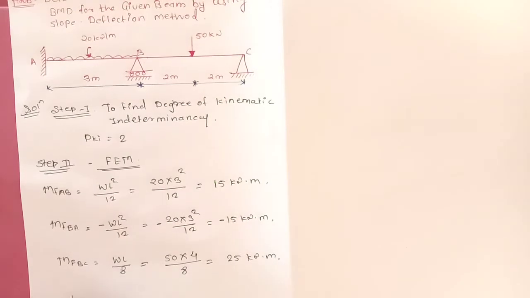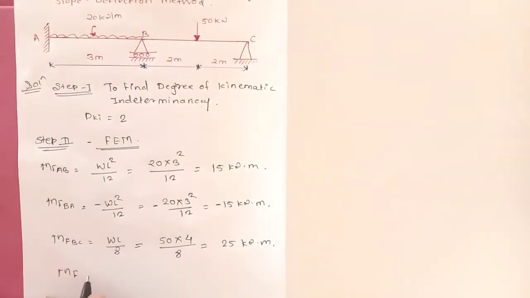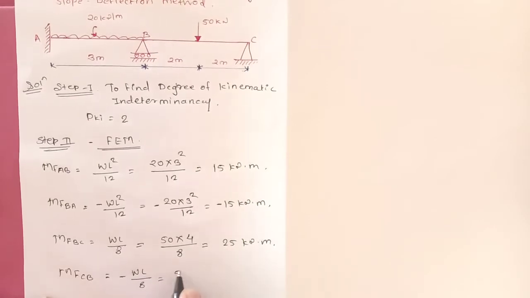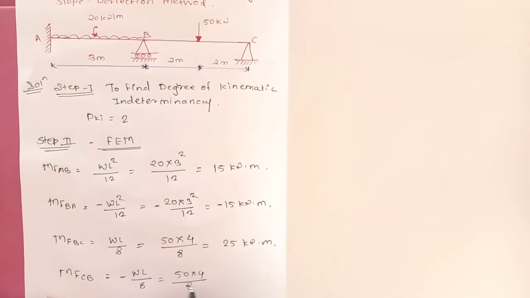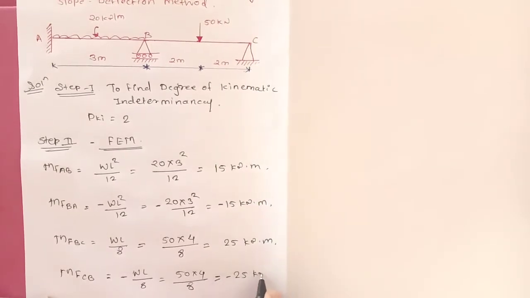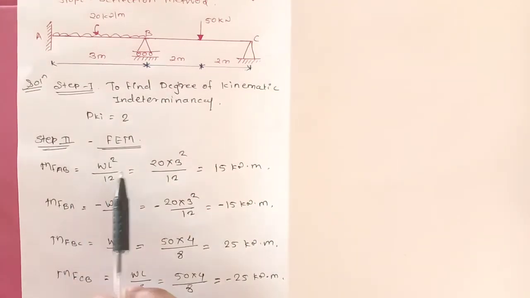And last, the fixed end moment for member CB. The same formula is there, only the sign is changed. So the answer is minus 25 kilonewton meter. Okay, these are our fixed end moments.